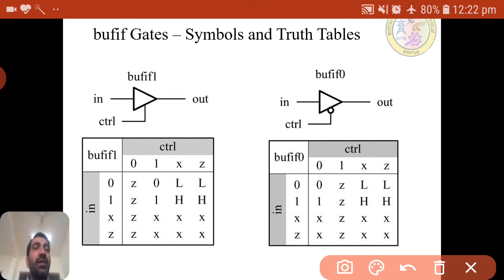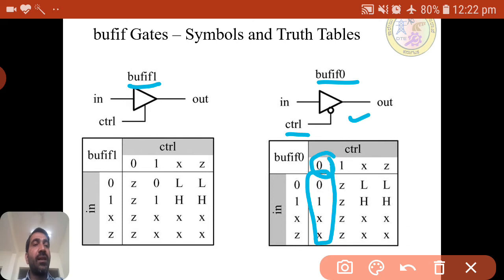Okay, similarly if you take buff if 0, what is the difference between buff if 1 and buff if 0? In buff if 0, the control signal is active when it is 0, that is active low. When the control signal is 0, it will be active. In that case, whatever input is there, the same it will give as output. You can see here, whenever the control signal is 0, the output is the same as the input.